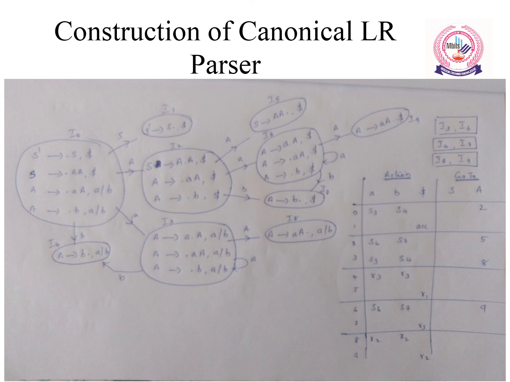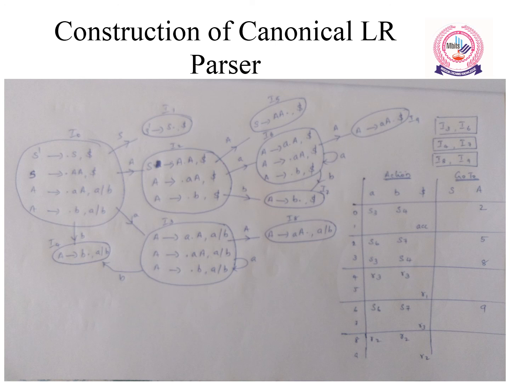For I7, the lookahead is dollar, so only when dollar comes do we need to perform the reduction. When we look into I8, the lookaheads are either A or B, so only on A or B do we perform this reduction. Then for I9, the only lookahead symbol is dollar, so only when dollar comes will this reduction be performed.